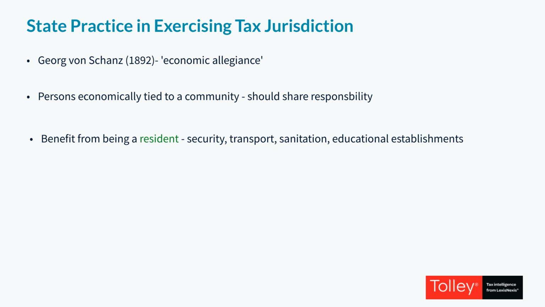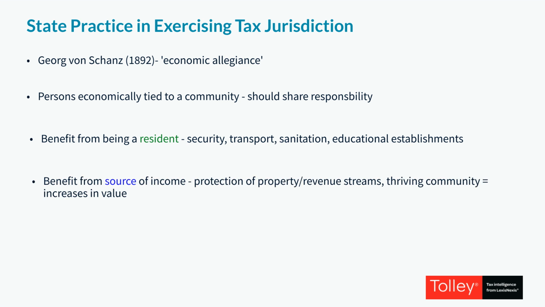The idea behind these concepts is that if a person, be they an individual or a company for example, is benefiting from being a resident in a country, which might be through the provision of security, like a police force, or a good transport network, or sanitation, or the provision of educational establishments, then that person should take some responsibility by paying tax.